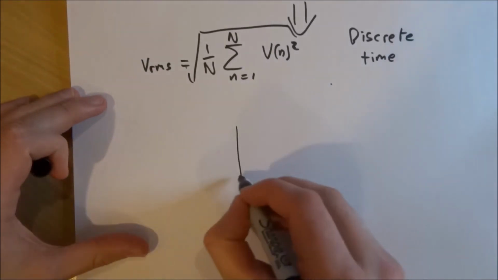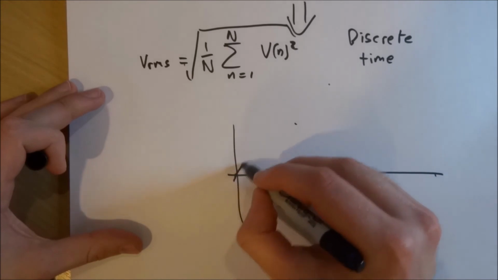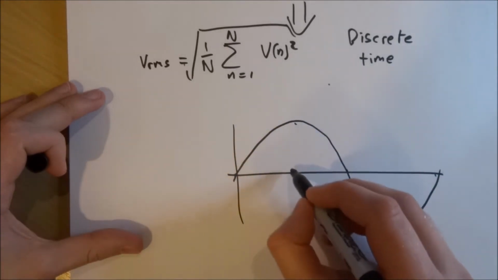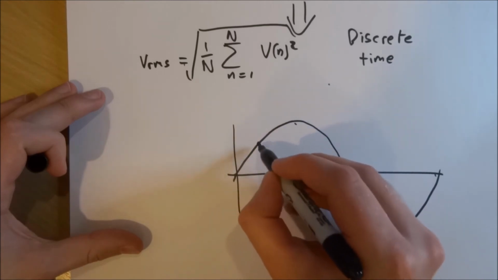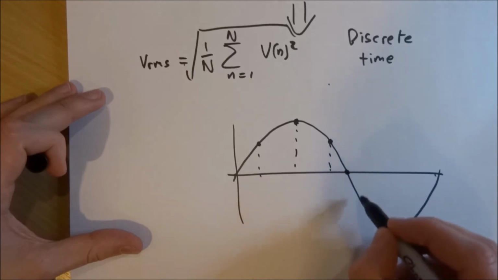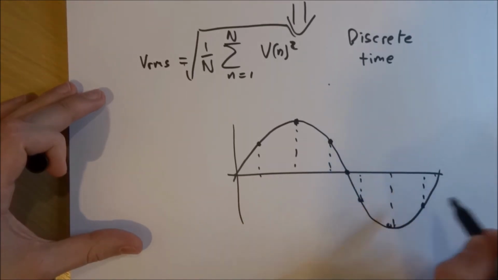If I have a waveform, a simple AC waveform, I can sample it at discrete time intervals, and to make the maths nice and easy, I will sample it 8 times.